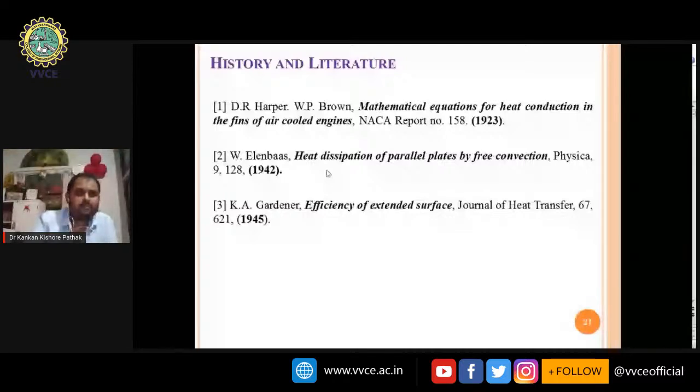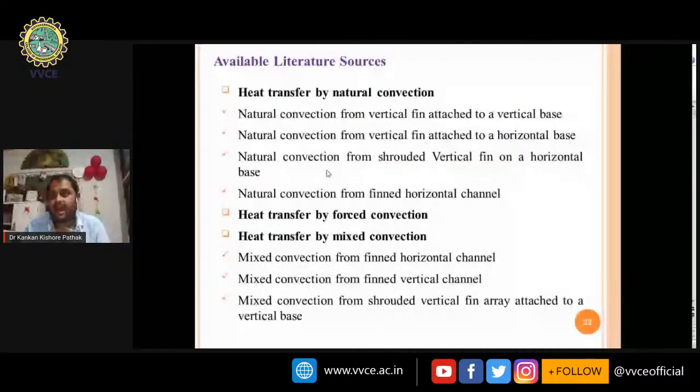Now again, if you want to search for the available literature sources, how can we search for them? Suppose we have to search first for what mode of heat transfer it is, whether it is free convection, forced convection or mixed convection.